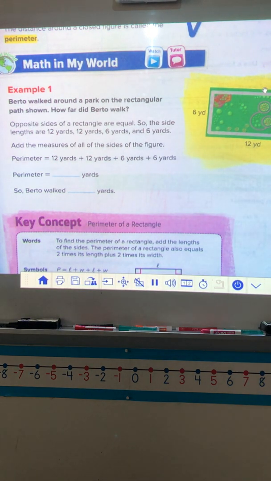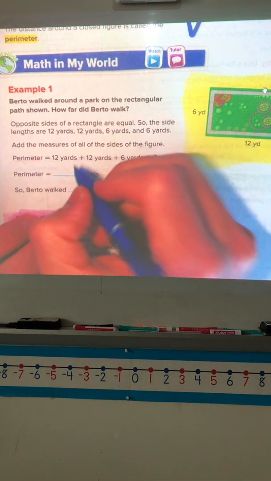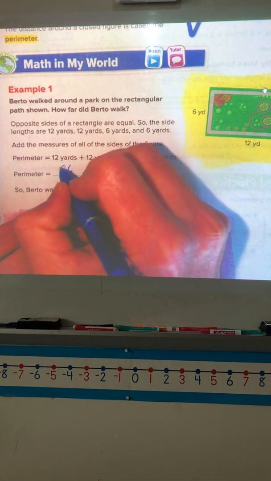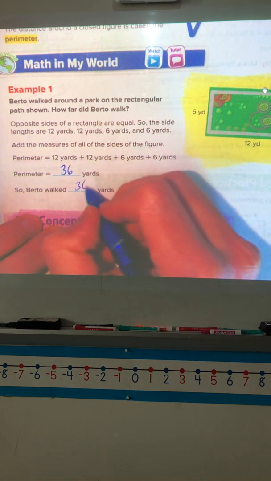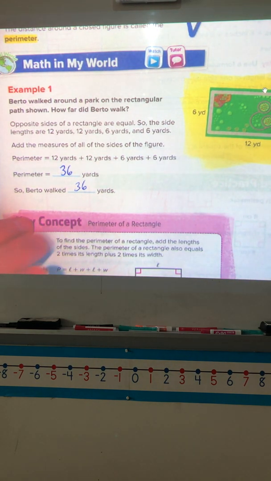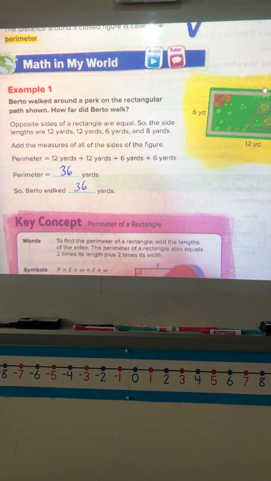So, on my pen. Okay. So on example 1, your perimeter right here is going to be 36 yards. So Berto walked 36 yards. Okay. Perimeter is the distance around a shape.